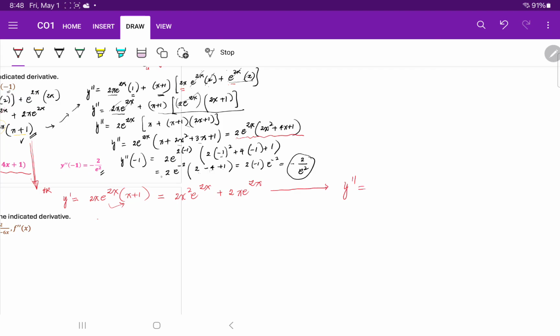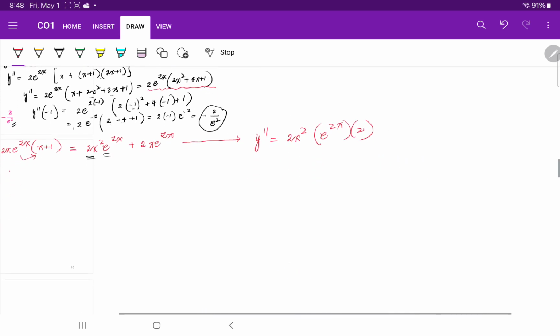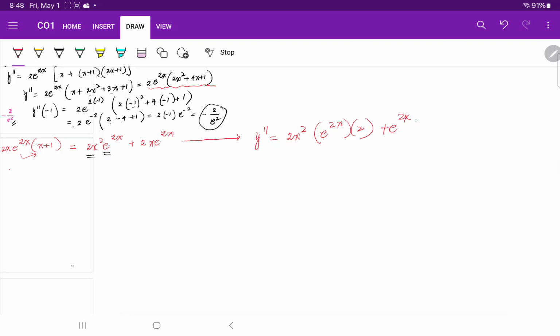Look, you'll use the derivative of the product. So we copy the first, it's 2x squared. Derivative of e to the 2x is e to the 2x times 2. Plus, we copy e to the 2x times 4x.